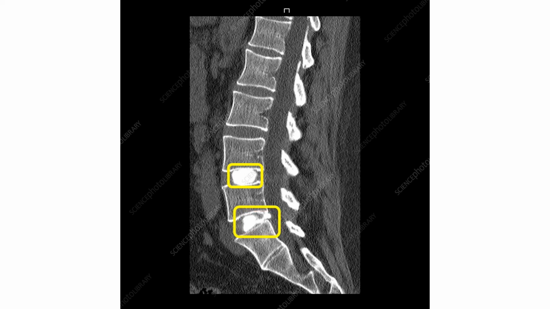Lower down we can see that the annulus fibrosus of the intervertebral disc is torn and the nucleus pulposus is protruding into the vertebral canal.